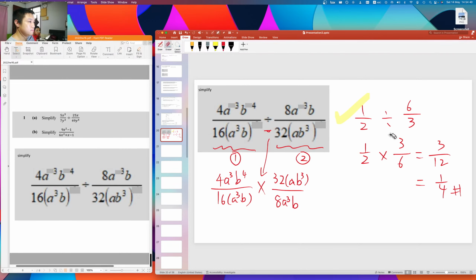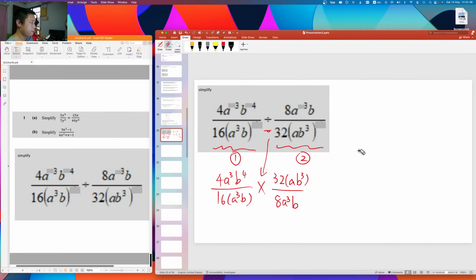Let me erase this first. So you have this 16 bracket a3b. Do you think you need to do first arrow, second arrow to open the bracket? No. Why no?